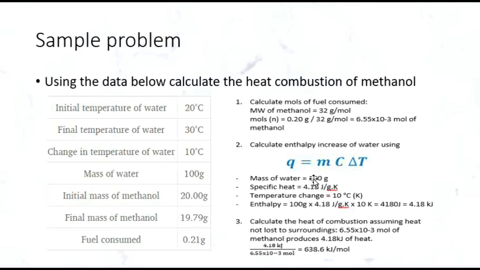Now that we have that, the answer is 4.18 kilojoules. All we need to do to get the heat of combustion is divide the enthalpy increase of water over the mole of the fuel consumed. Once you got that, you will get the heat of combustion of methanol.